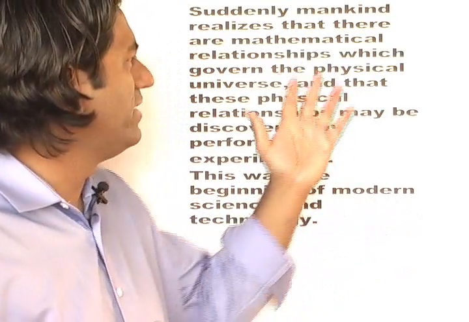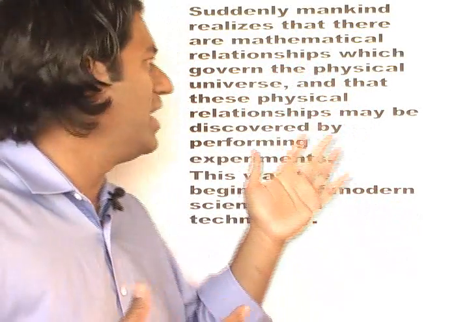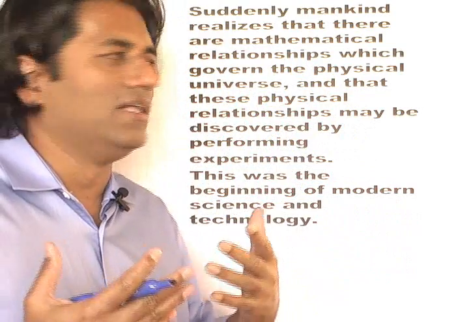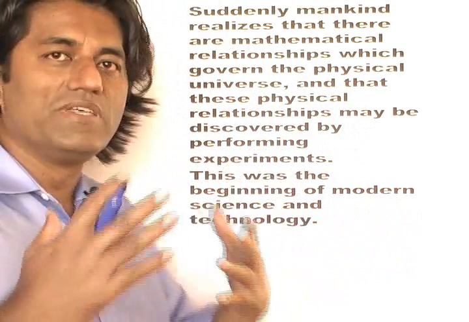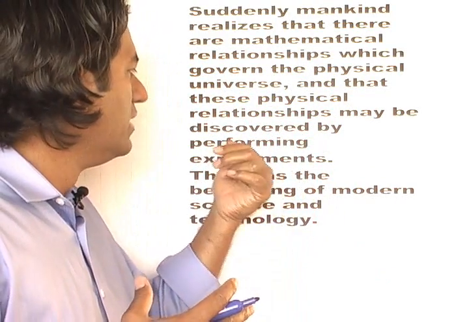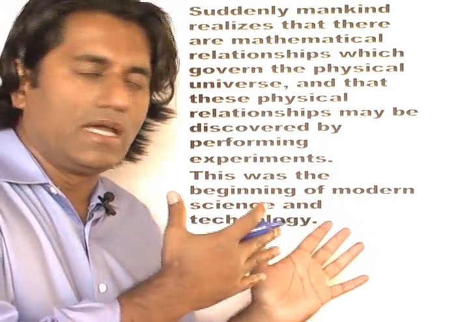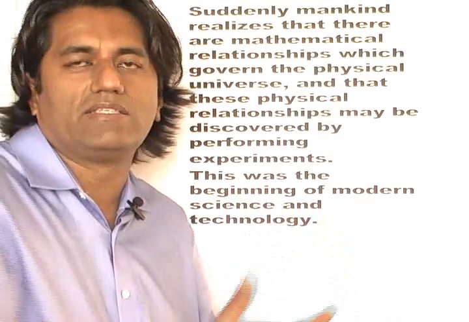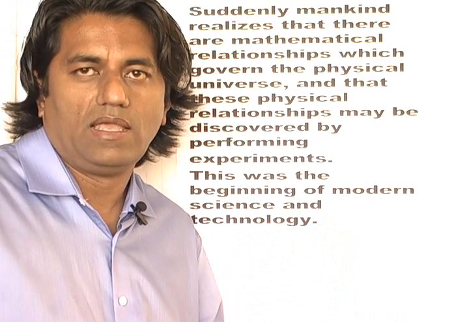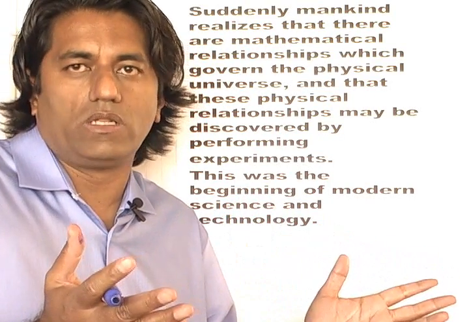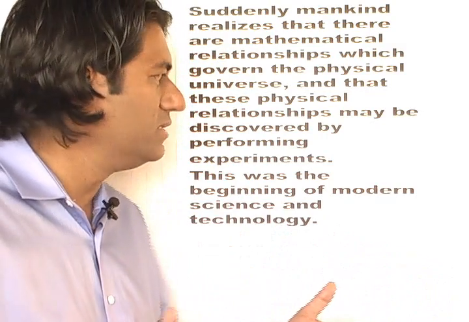So suddenly mankind realizes that there are mathematical relationships which govern the physical universe, and these relationships can be discovered by performing experiments. So this is the beginning of modern science and technology. And Galileo is called the father of modern science.